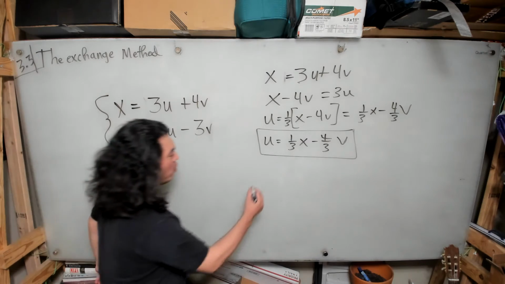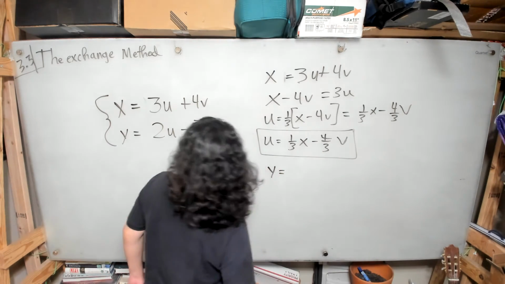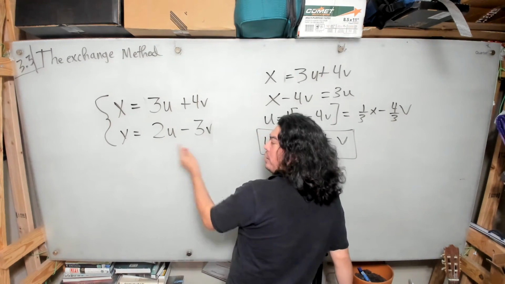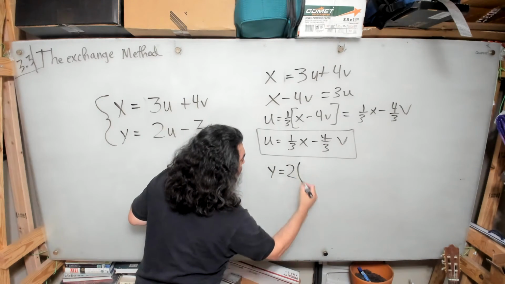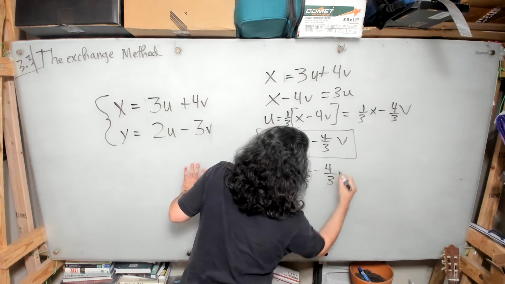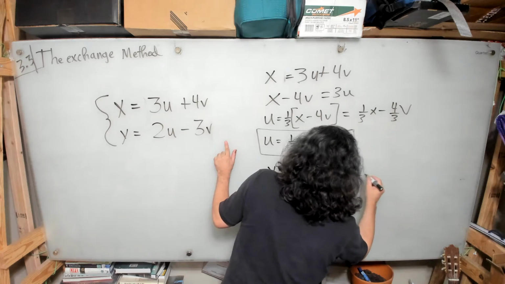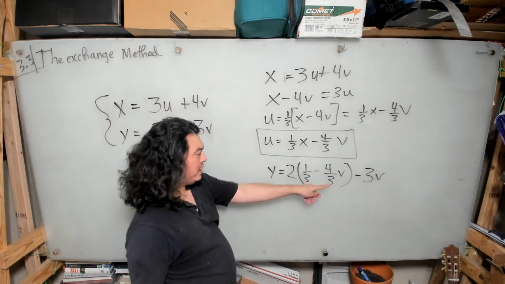So I'm going to get y equals 2 times u minus 3v. But what is my u? It's this expression. So it's going to be 2 times (1/3 x minus 4/3 v) minus 3v, right? I'm going to distribute the 2 inside here.